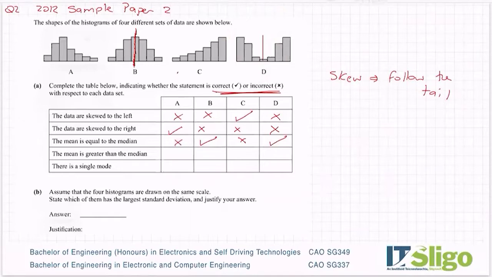Now the mean is greater than the median, so in which ones is the mean greater than the median? Okay, well, the mean was equal to the median for B and D, so it's either going to be A or C, okay? And this is where you have to understand skew and what it does to the mean, okay? So if we have a look at A, and you think about calculating averages.